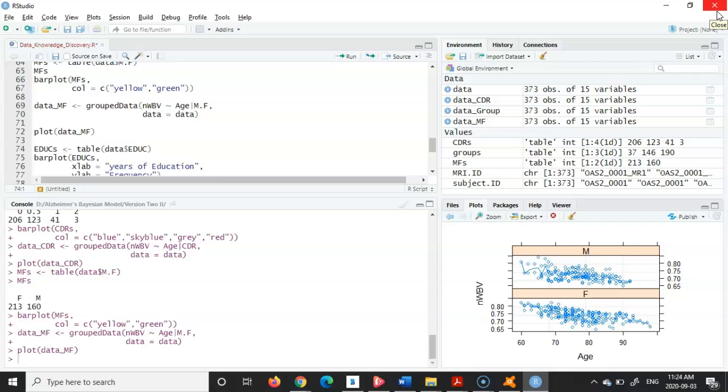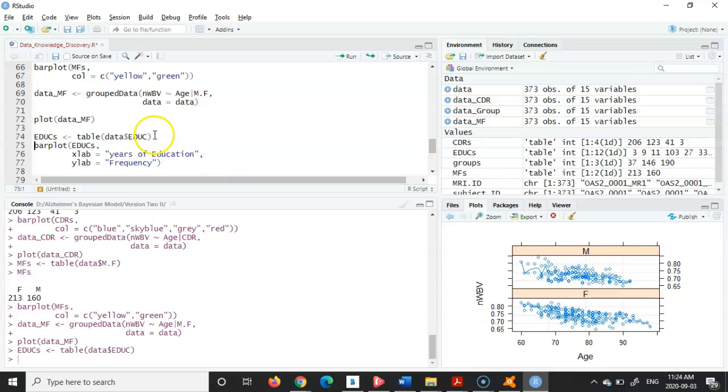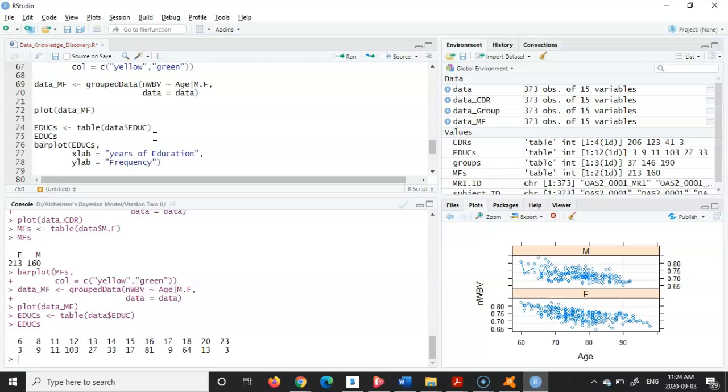And also, we are going to look into the education level. I'm just going to run this code, which is essentially the table of the education level. I'm going to see what is included in this object.